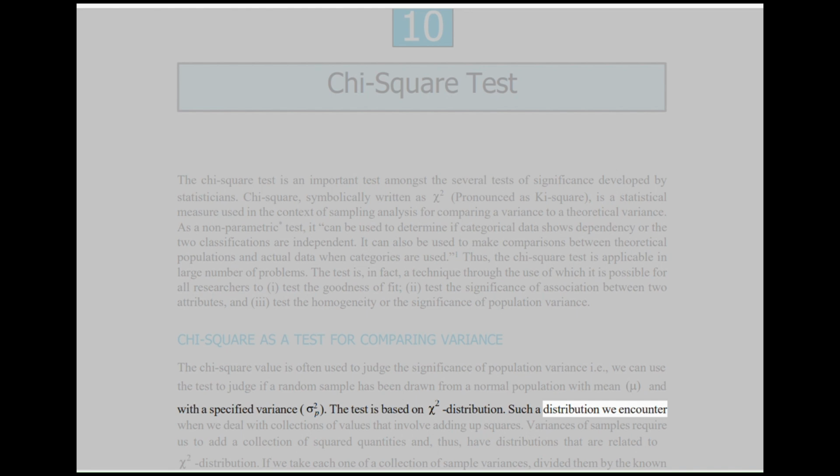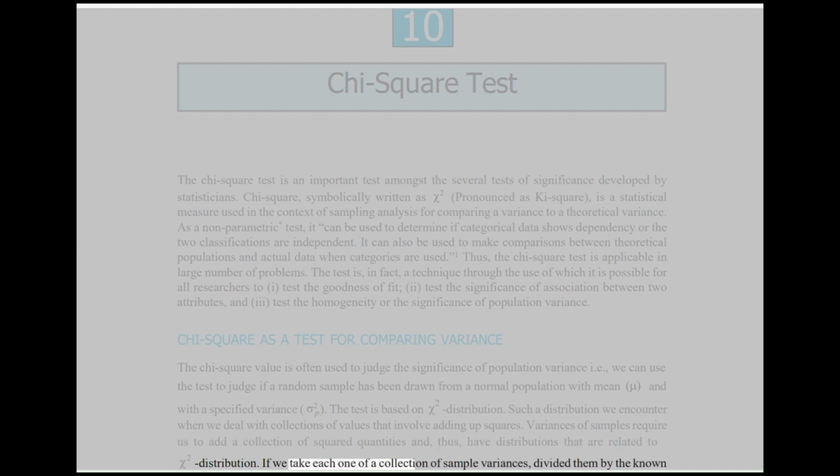Such a distribution we encounter when we deal with collections of values that involve adding up squares. Variances of samples require us to add a collection of squared quantities and thus have distributions that are related to the χ² distribution.